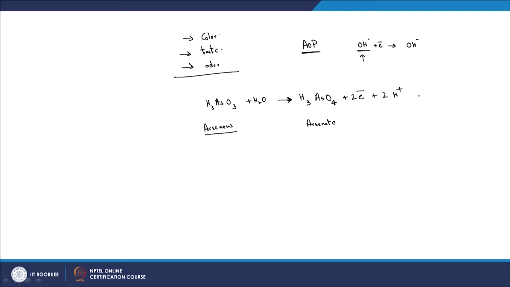Yes. So from this particular half reaction, now you want to be able to decide in which form it would be easier for you to remove arsenic with the ion exchange process. So here we need to dig into our background with respect to acid-base chemistry, right? So keep in mind that for ion exchange, you want to have the relevant charge on the compound that you want to remove.